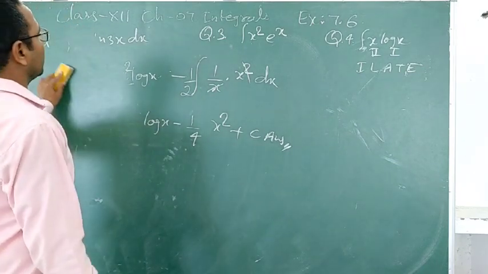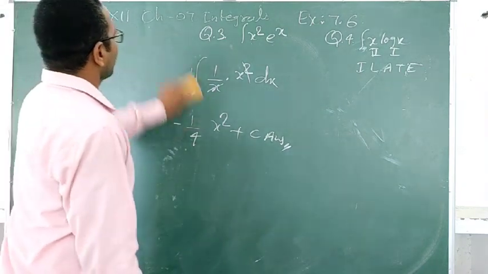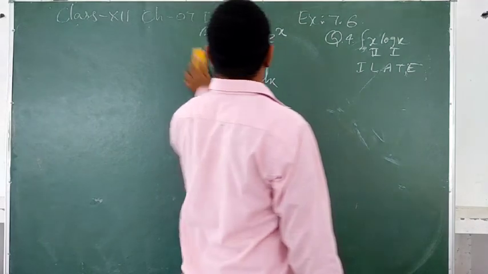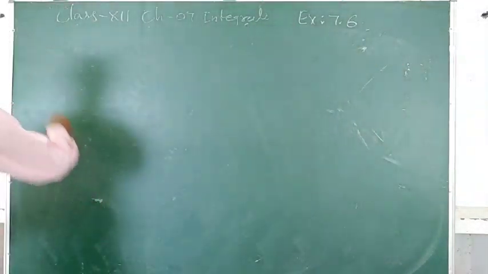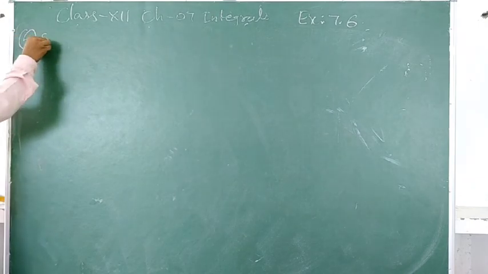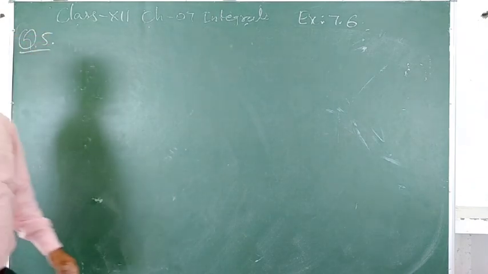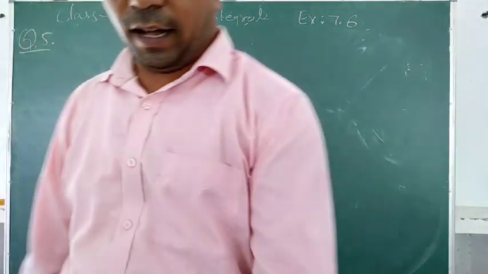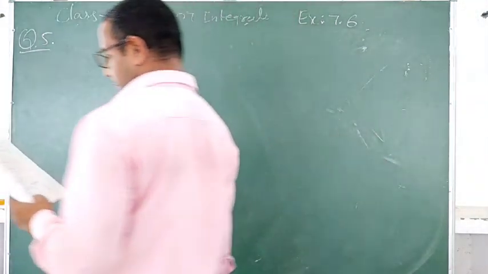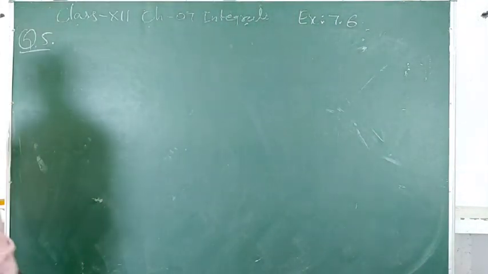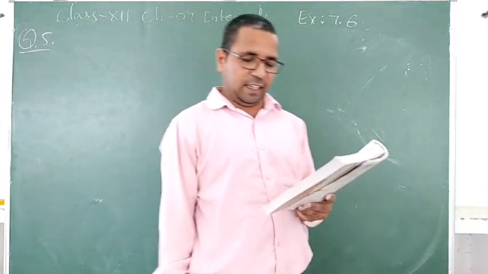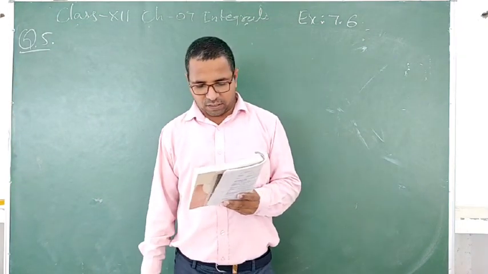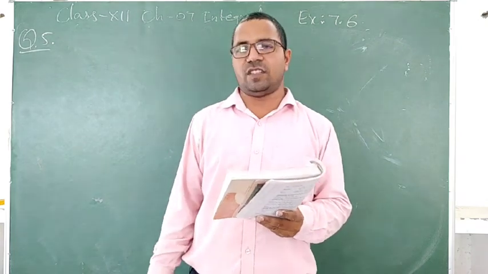So now let's see the next question, question number 5. Question number 5 is x log 2x. Question number 5 is the same as question number 4, and question number 6 is also the same as question number 4.